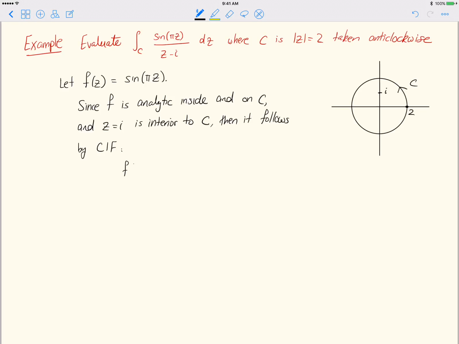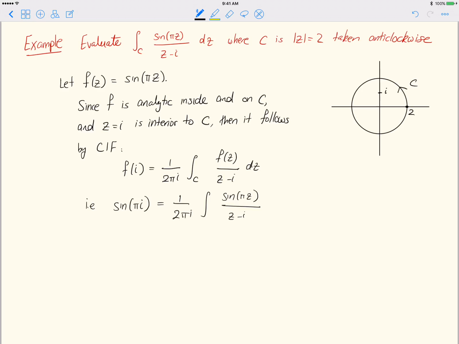That's f of i equals 1 on 2 pi i times the integral of f of z on z minus i dz. So just a straight application of the formula. Again, f was sine pi z, so f of i will be sine of pi i. And now you rearrange to get your answer.